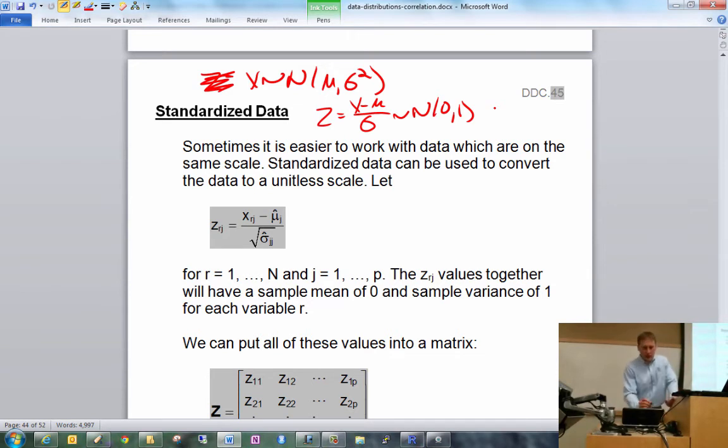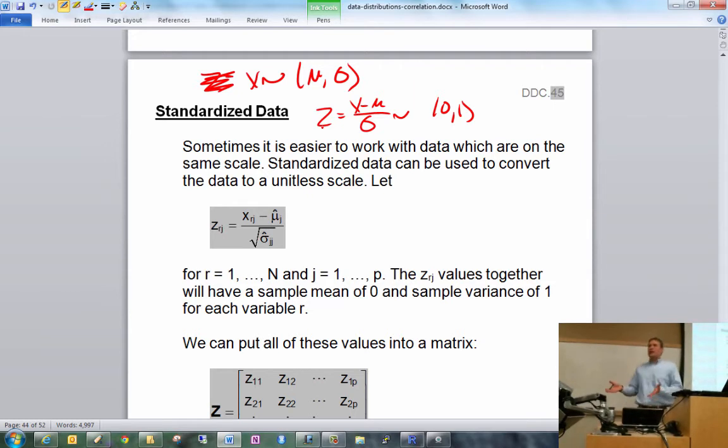But instead, if you just simply have a random variable that has a mean and some kind of standard deviation, and you want to transform it to a random variable with a mean of 0 and standard deviation of 1, you could do a similar transformation.